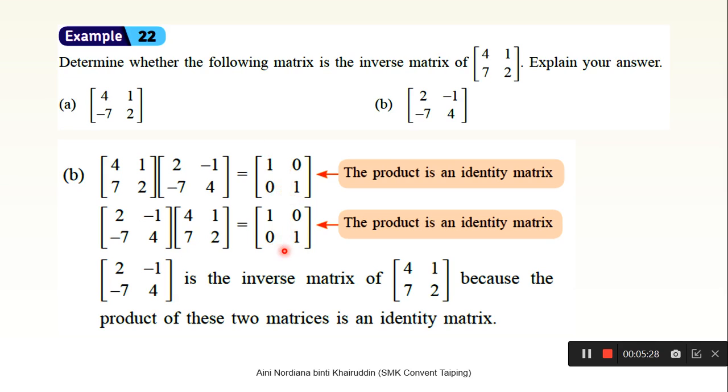So this is the identity matrix. We can conclude that 2, -1, -7, 4 is the inverse matrix of 4 1, 7 2 because the product of these two matrices is an identity matrix.